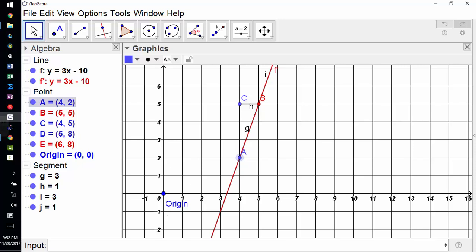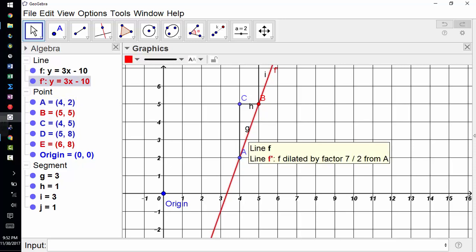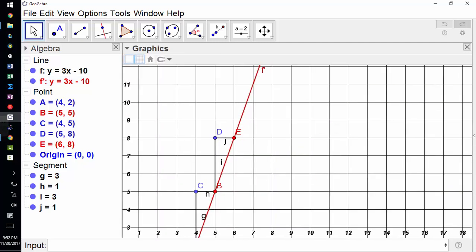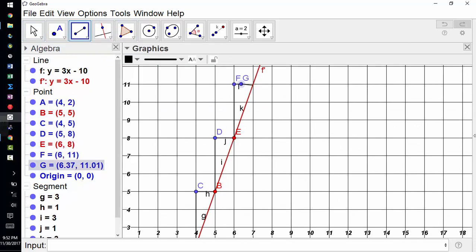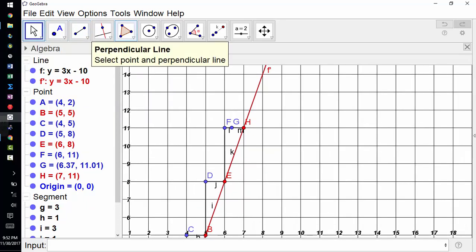The thing we're dilating, B, and the thing we're dilating about are just points on the line. So doing the dilation about point A for any point on this line is the same thing as just picking 2 points on the line and doing the slope. You're just going to keep on repeatedly getting points. If I keep on doing that slope of rise 3, run 1, I'm just going to keep on getting points on my line.